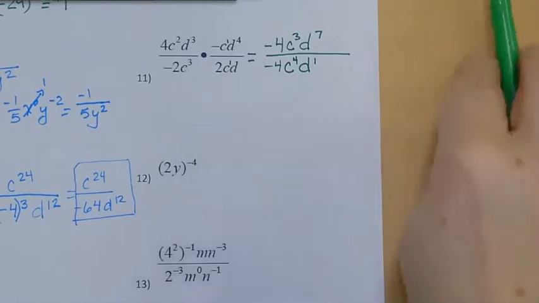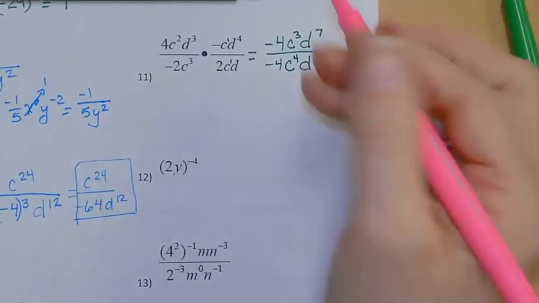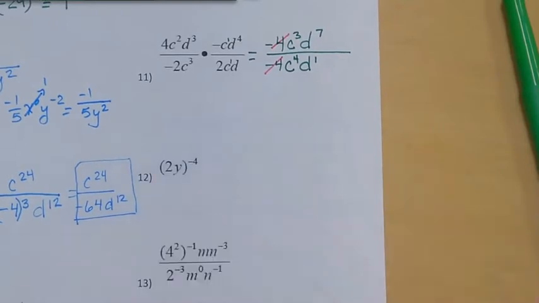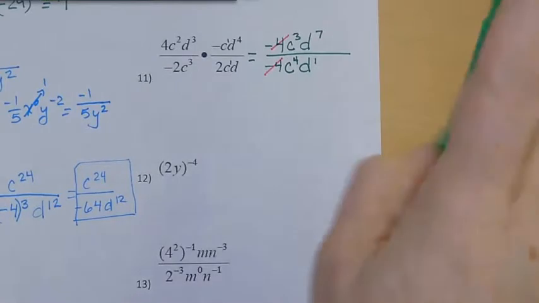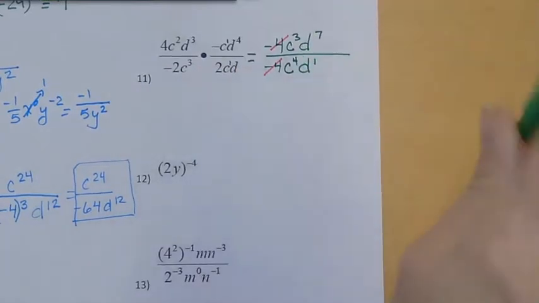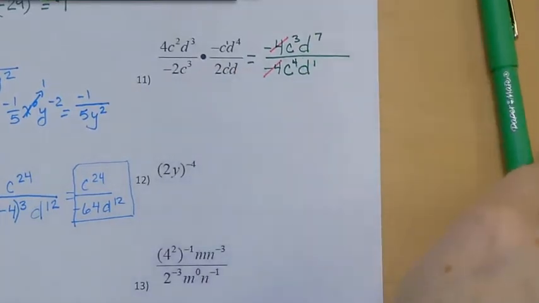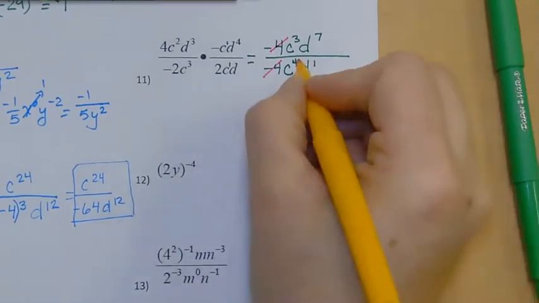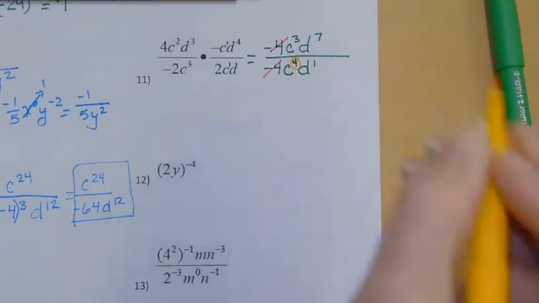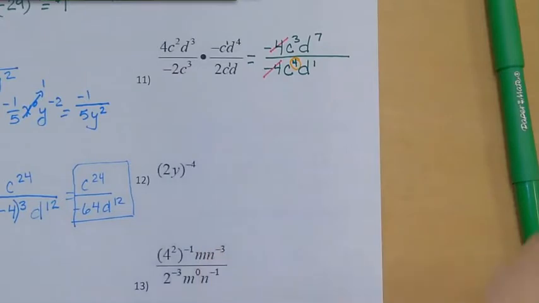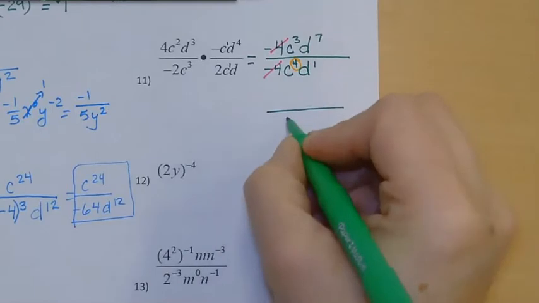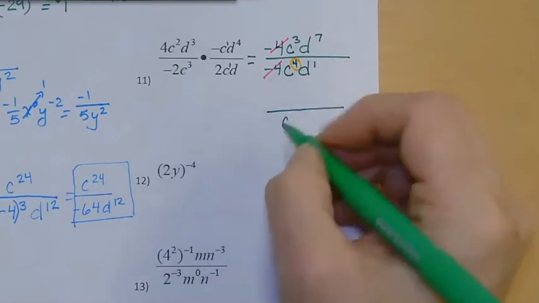So now, when I want to simplify this problem, I can say negative 4 divided by negative 4 is just 1. A negative divided by a negative is a positive. And I can say c to the 3rd over c to the 4th. If I want to remember that my larger exponent is that 4, I can have my final answer record c in the denominator, 4 minus 3 is just 1.